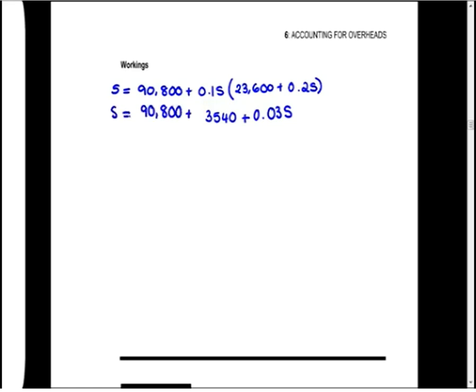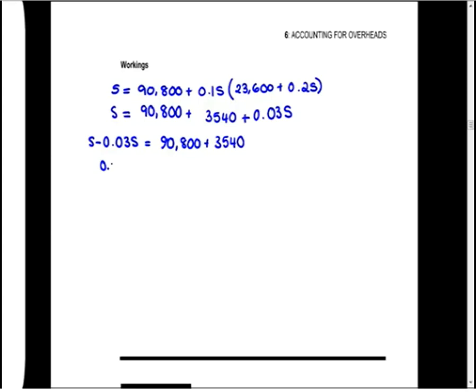And we add that to the 90,800. What we've got now is S's on both sides, so we need to regroup those together. The best way to do that is to deduct 0.03S from both sides. So S minus 0.03S is equal to 90,800 plus 3,540.